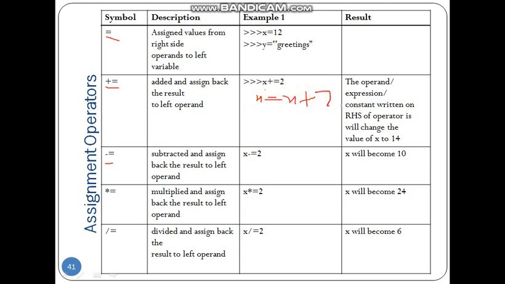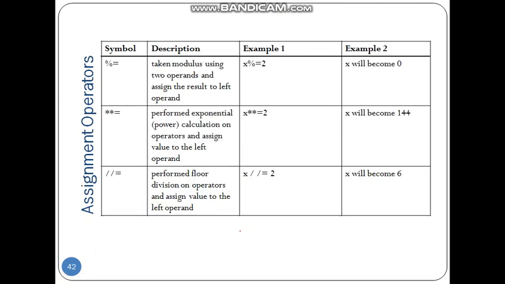This is equivalent to this one. So this is also called a shorthand operator. It reduces the typing. So programmers like to use these shorthand operators. Plus equals, star equals, slash equals, all can be used as assignment operators. All the arithmetic operator symbols can be used in this way also.